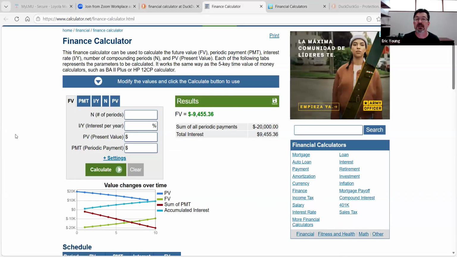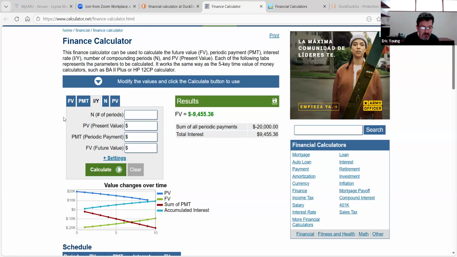Here's the key, scavenger hunt. Whichever variable you're solving for, you click. So if we were solving for present value, we're not, we would click PV. If we were solving for interest, we click I. You click the variable that you're solving for. That's what the scavenger hunt is all about.